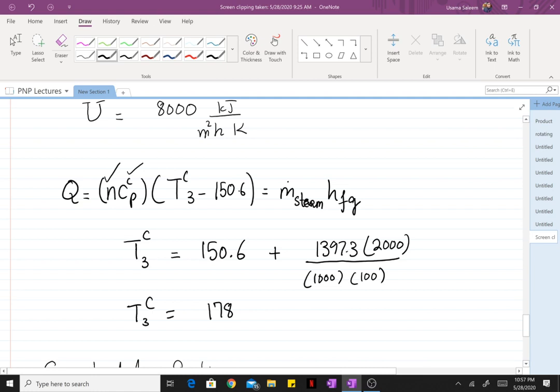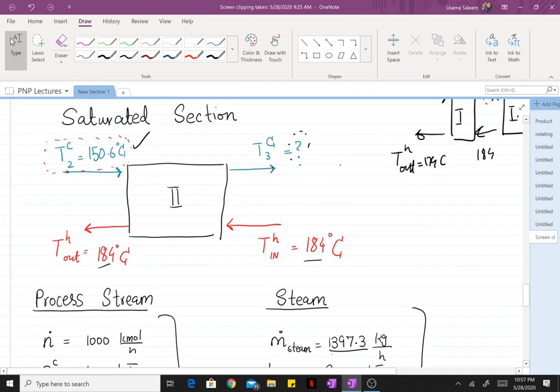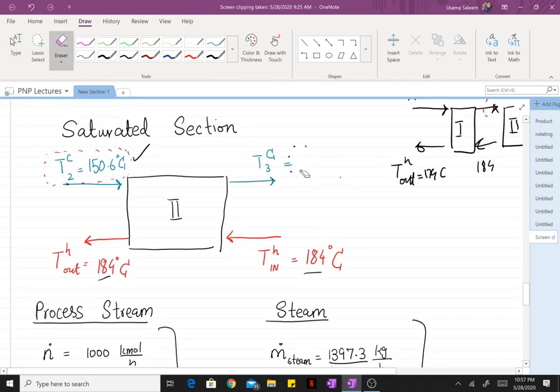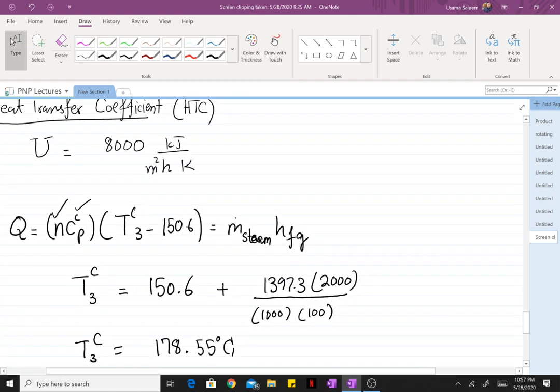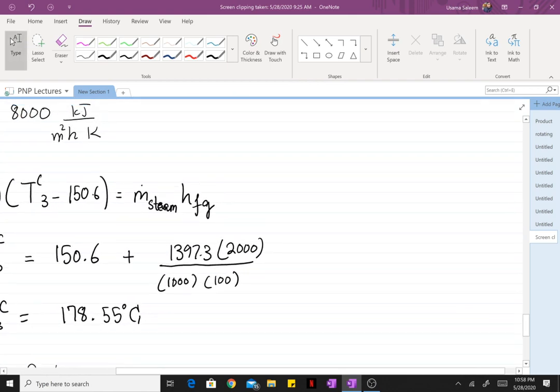Okay, 178.5 degrees Celsius, that's the outlet temperature for our process stream in this particular section, 178.55. Okay, so we have all the temperatures both on our hot side and our cold side, so we can plug in the design equation to find the area of the heat exchanger.